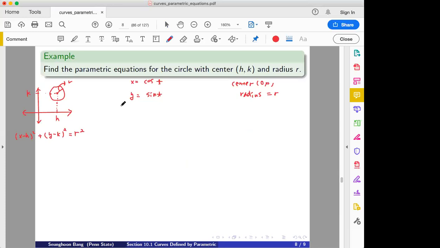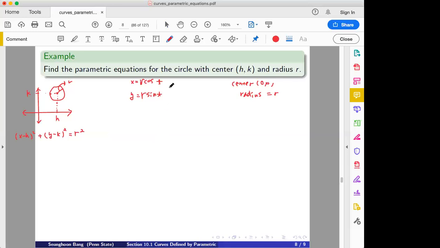The idea is not difficult. We can multiply cosine t by r. So x equals r cosine of t, y equals r sine of t.